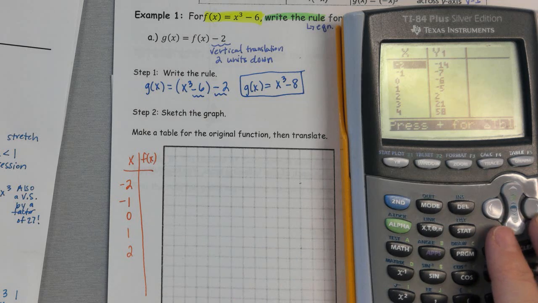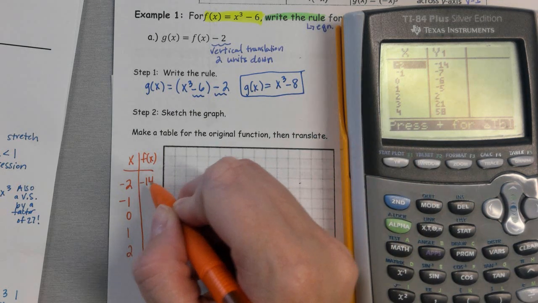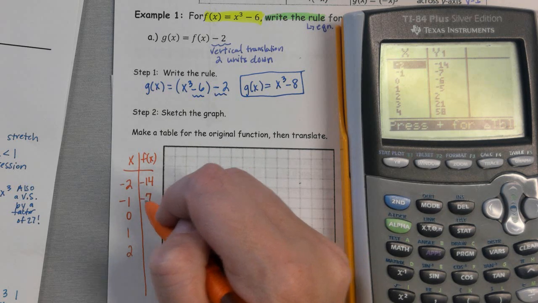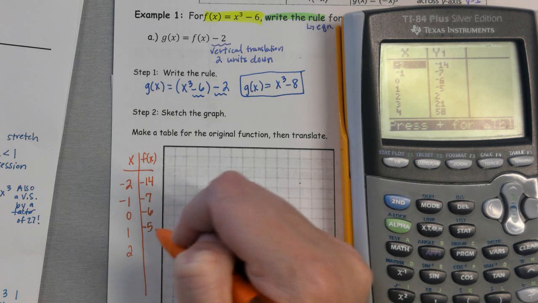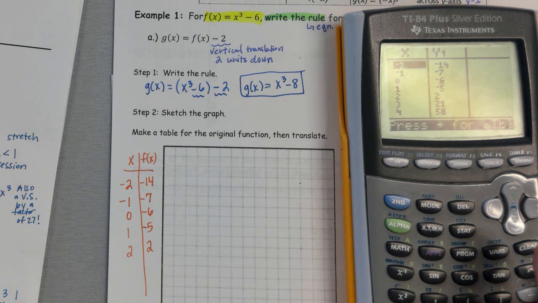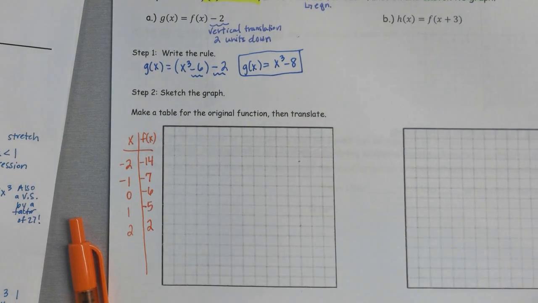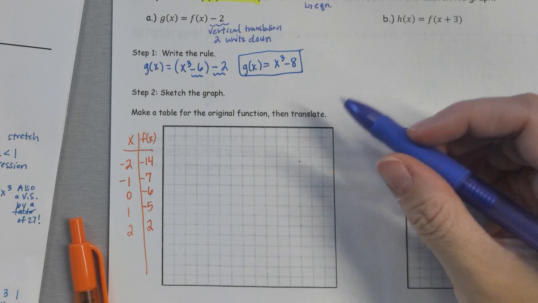And so for this, I have -14, -7, -6, -5, and 2. All right, and then before I do the graph, I'm going to do the new graph, right?